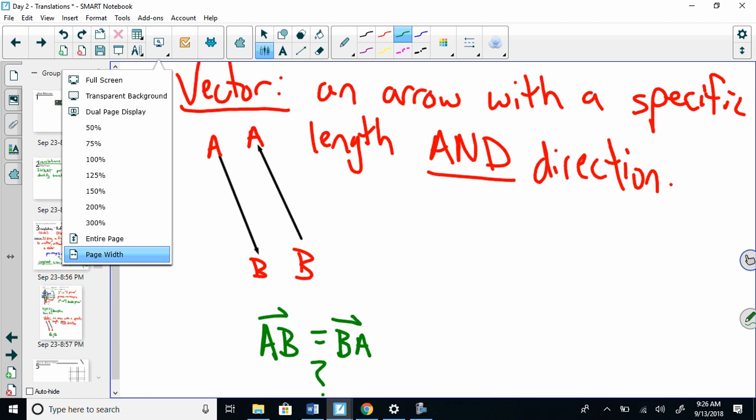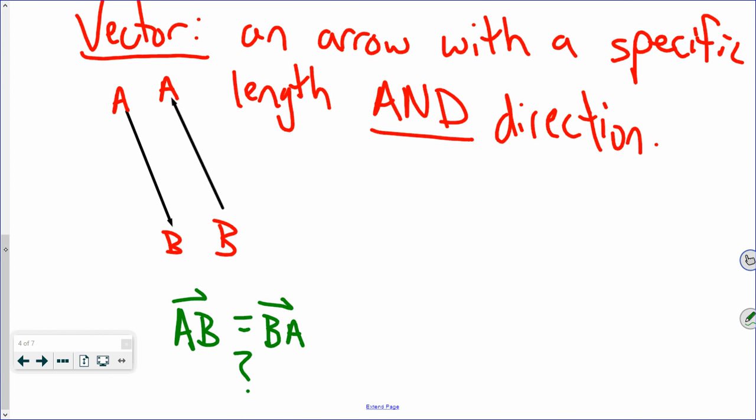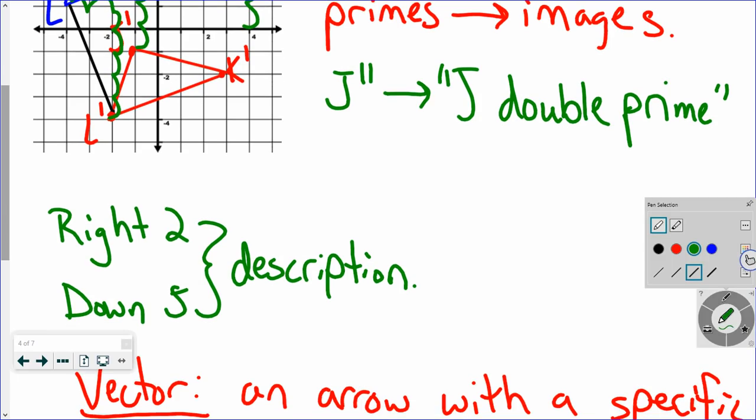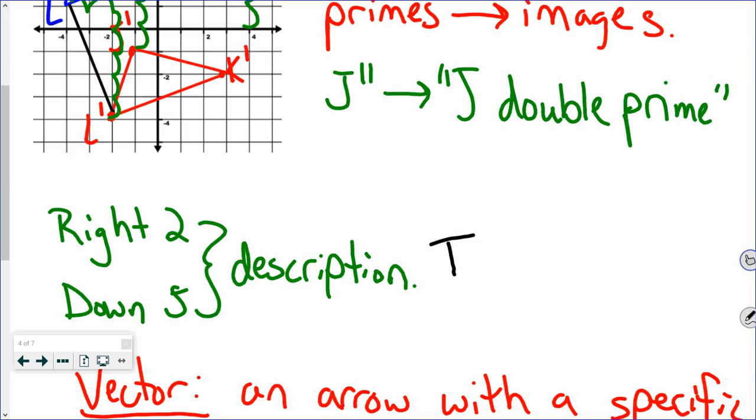So we can also write our description of our vector. So right 2, down 5, we can put this in vector form. Since we're working with translations, it's a capital T. And again, the symbol for vector is a half arrow on top. Since it's right 2, it's in the positive direction, so this is just simply 2.